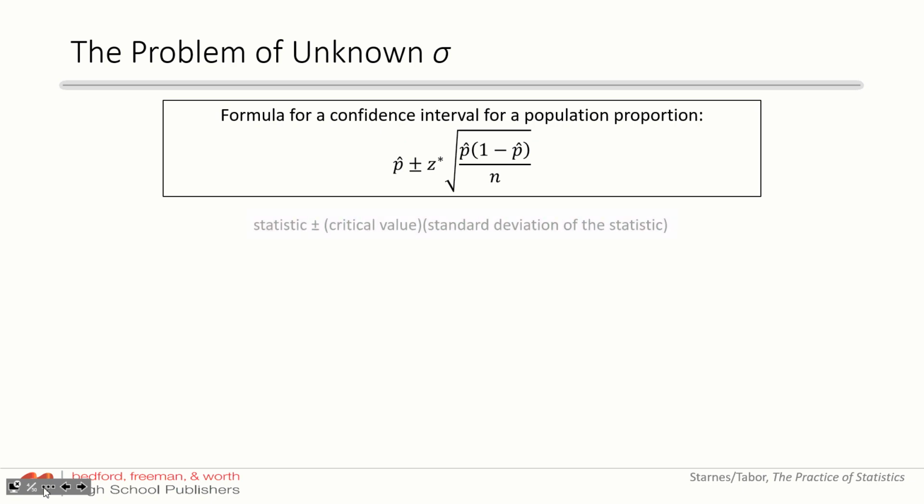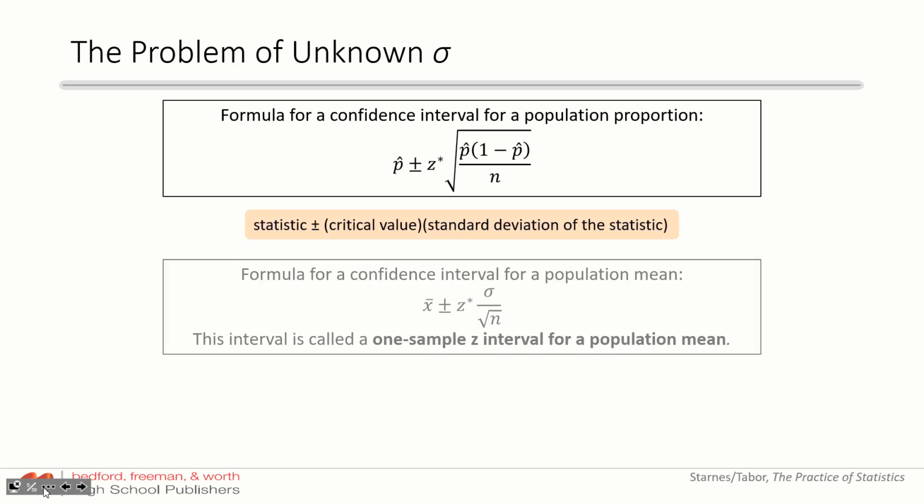But here's the thing. When I'm talking about means, if I think about my general formula, I need my point estimate, which is x bar, plus or minus the z star times the standard deviation of the statistic.